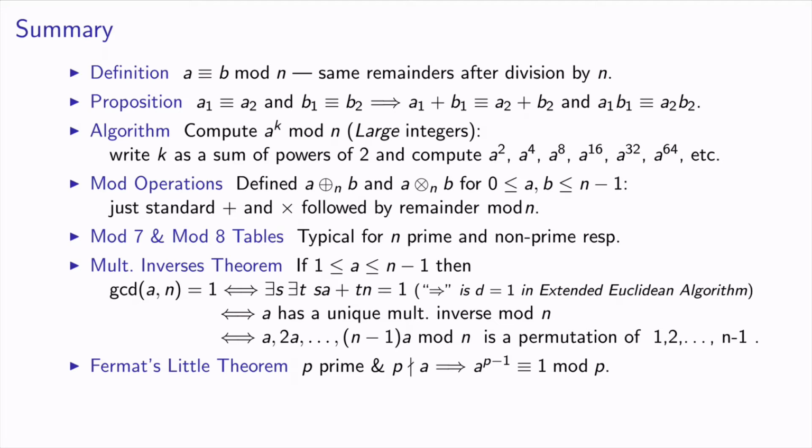And finally, we proved Fermat's little theorem. Fermat's little theorem says that if P is prime and P does not divide A, then A to the power P minus 1 is congruent to 1 modulo P. Now, because we're working modulo P, then we can assume that A must lie in the range 1 up to P minus 1.